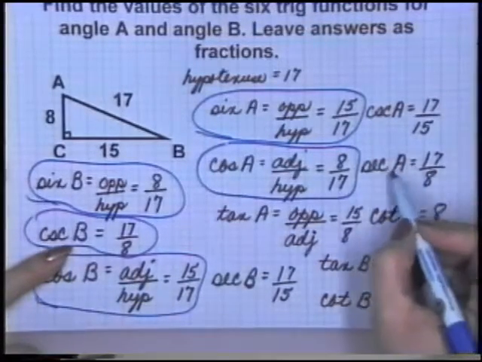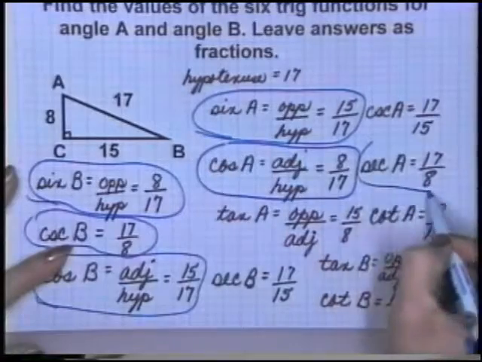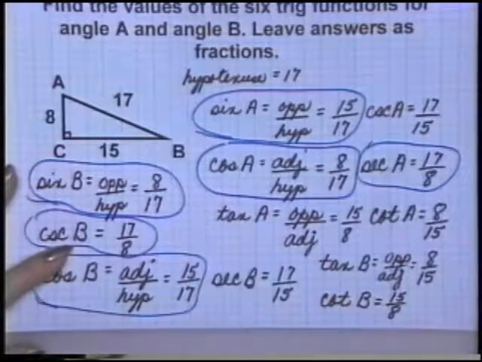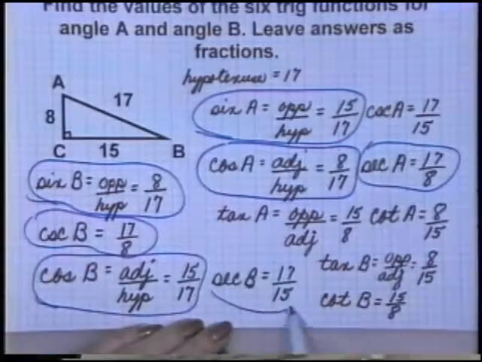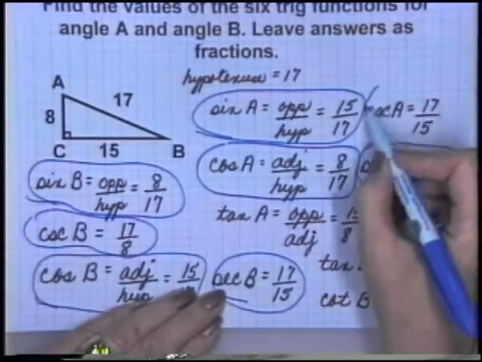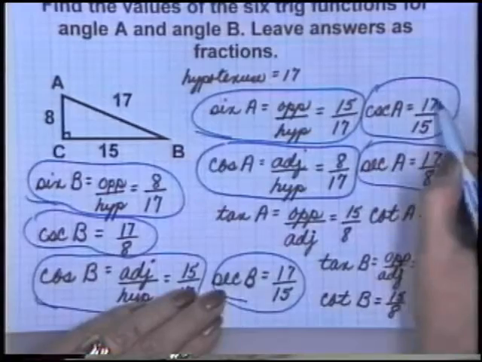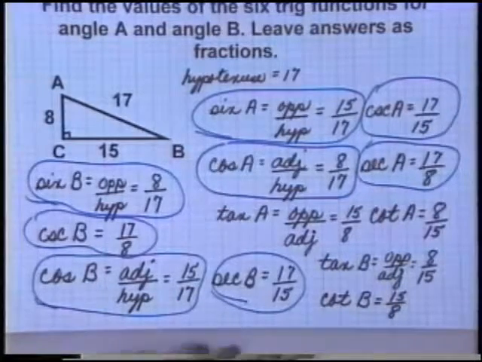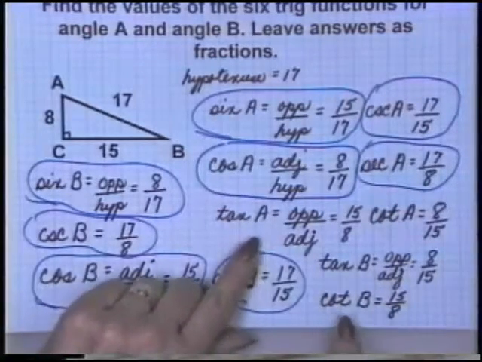Look at the cosecant of angle B. Let's look at its cofunction of angle A. Do you see that they're the same? Look at your secant of angle B. Look at its cofunction of angle A. And of course, last we can compare the tangents.